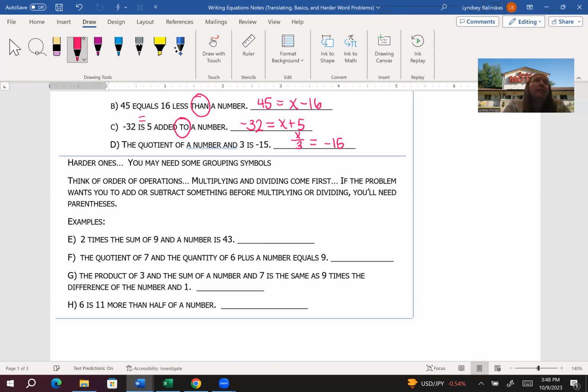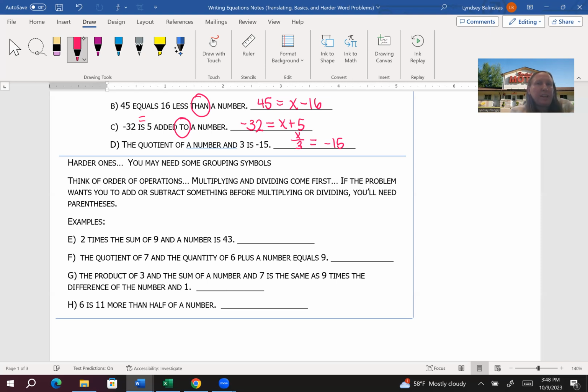And if you want the addition and subtraction to come first, you would have to throw them in parentheses because that's at the beginning of PEMDAS and you'd have to do the parentheses first. So if you're trying to do these questions and it's clearly wanting you to add or subtract some things first, we need to put that in parentheses before we throw in the multiplying and or dividing in there. Okay, so 2 times the sum of 9 and a number is 43.